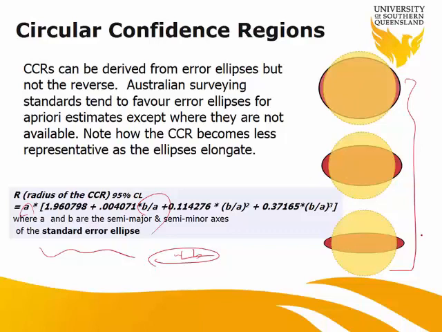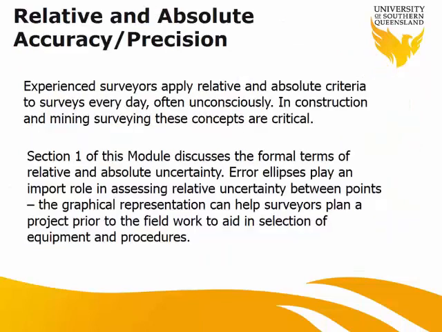But as one has better accuracy than the other and the error ellipse elongates, you can see the circular region is getting less representative of the error ellipse.